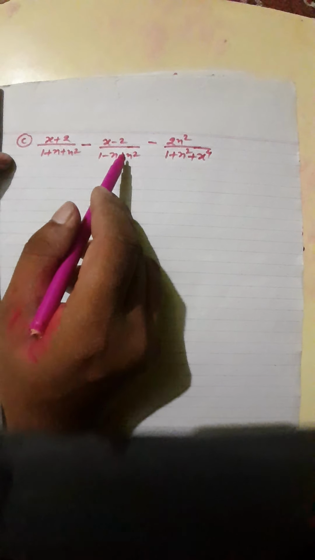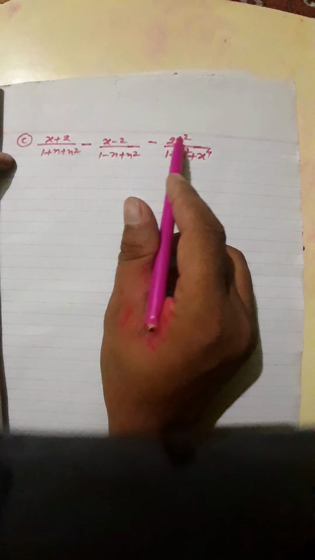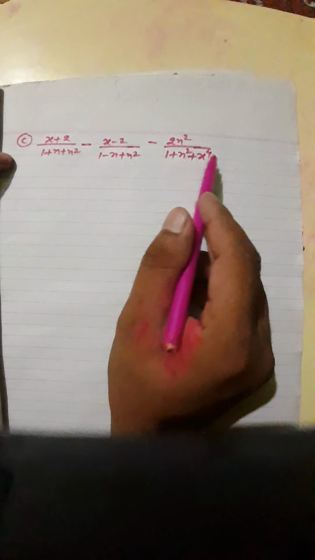Okay, now the next example number three is this: x plus 2 upon 1 plus x square, minus x minus 2 upon 1 minus x plus x square, minus 2x square upon 1 plus x square plus x power 4.